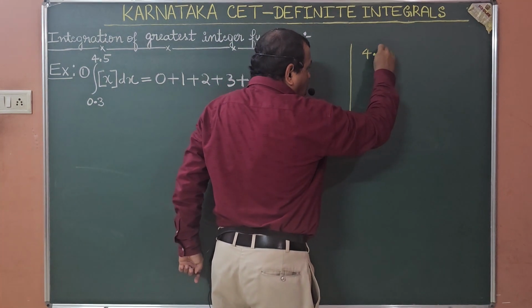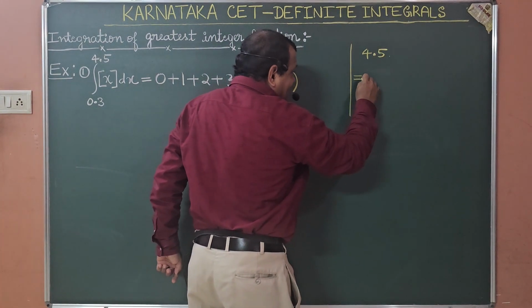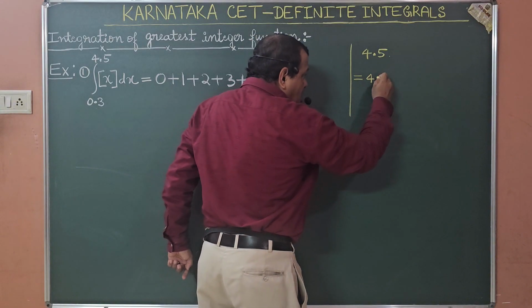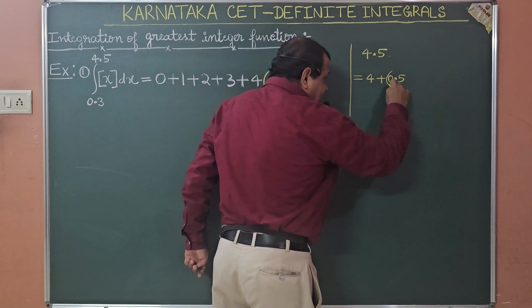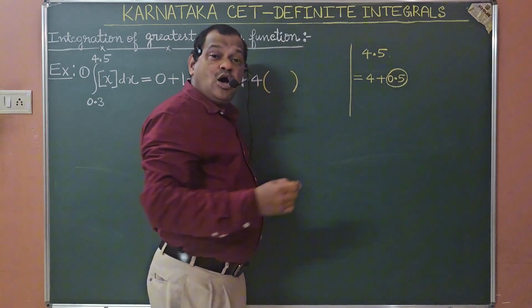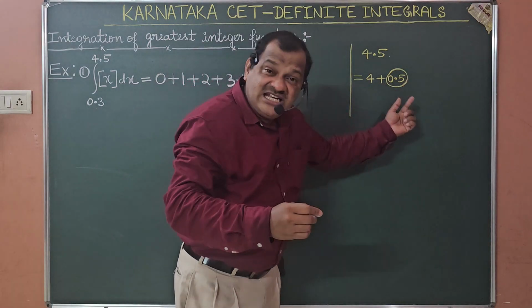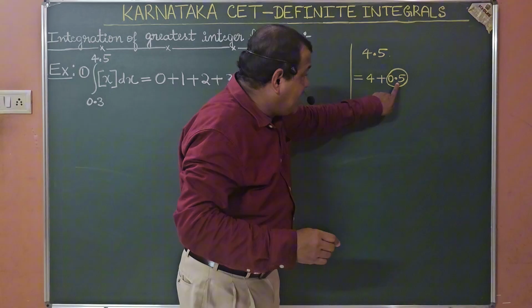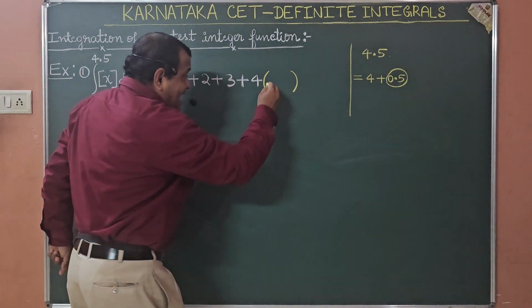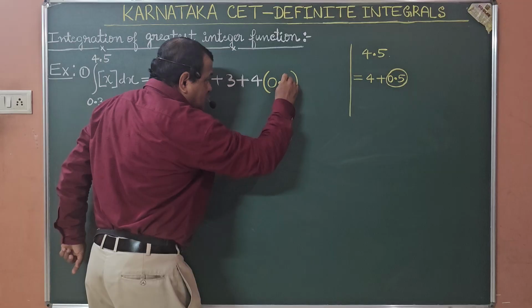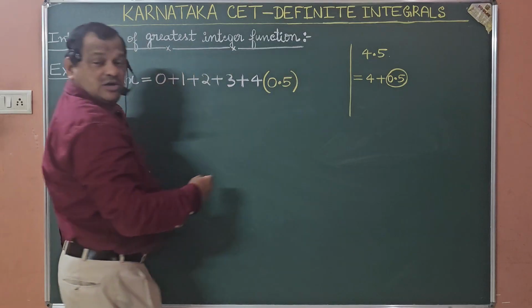So we have 4.5. This can be split as 4 plus 0.5. Therefore, this 0.5 or 5 by 10 is the fractional part of 4.5, and that has to be multiplied to the number 4.